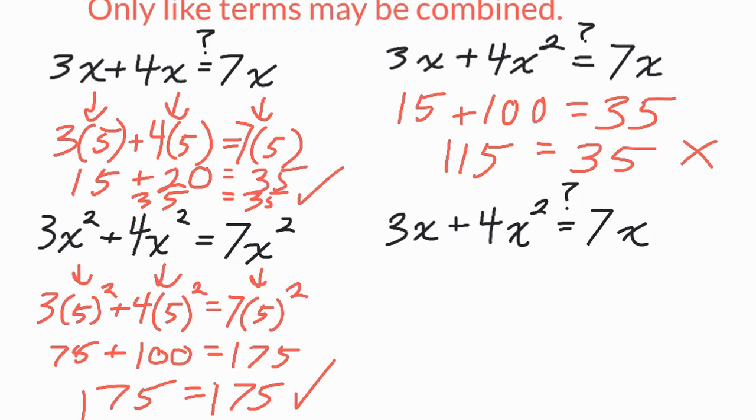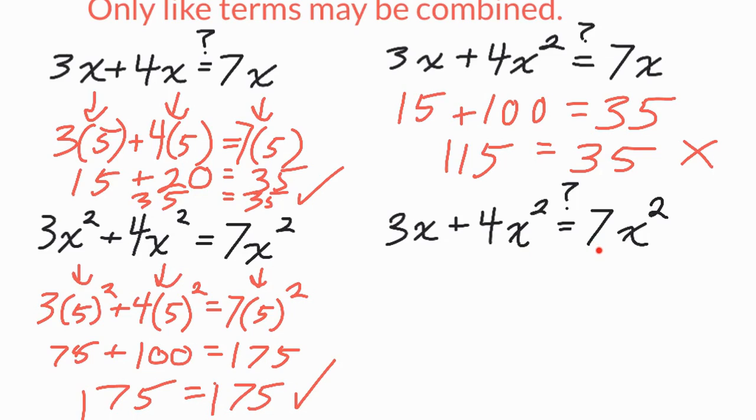Now, what if, I meant to write this in before, I guess I forgot. What if we put an exponent of 2 over here? Would that make this equal to this? Well, let's just see. Again, we would have 3 times 5 is 15. 4 times 5 squared would be 100.